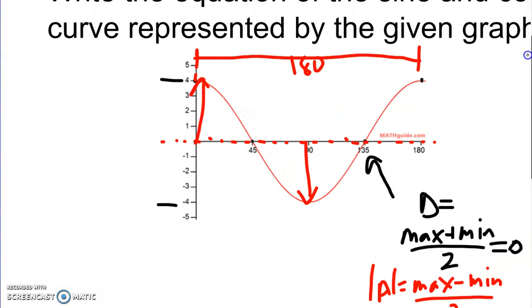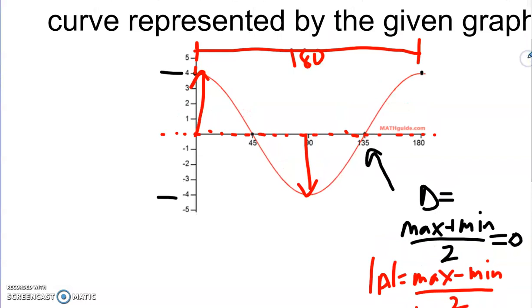Okay, so the last thing I have to work out is my C value. And here my C value is just 0 because my phase shift, it's not shifted here from my parent function. It's starting at 0.